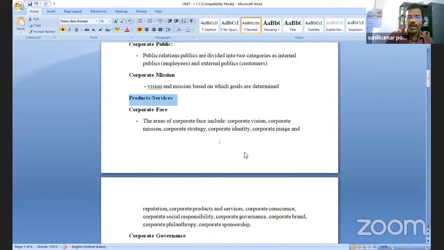Corporate conscience, corporate social responsibility, corporate governance, corporate brand, corporate philanthropy, corporate sponsorship. All this comes under the corporate phase. Each element we will discuss in this course, in detail in coming units.